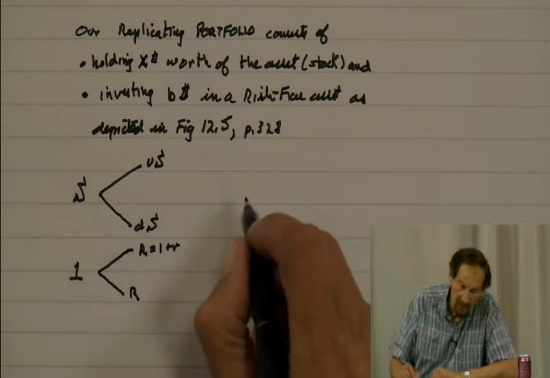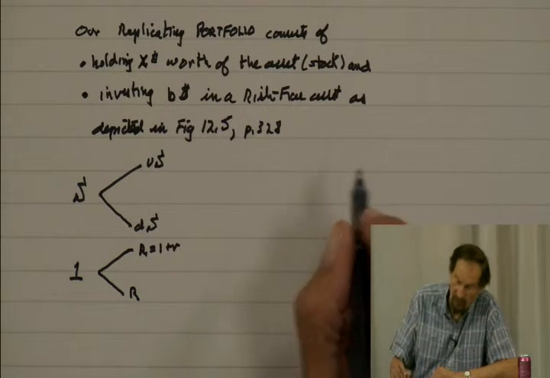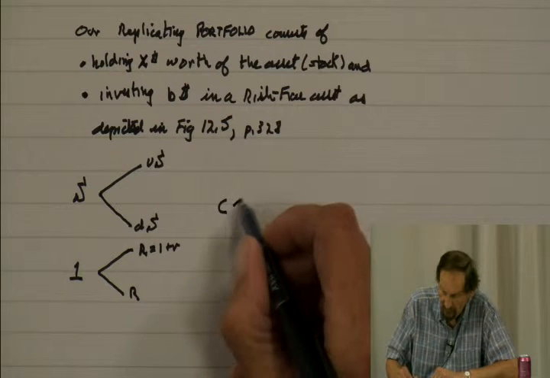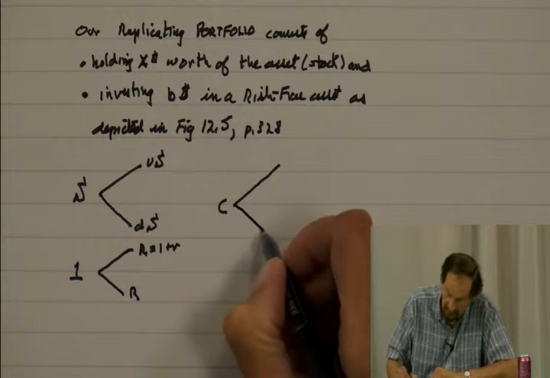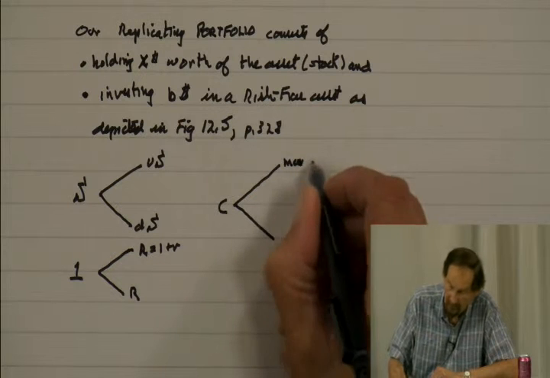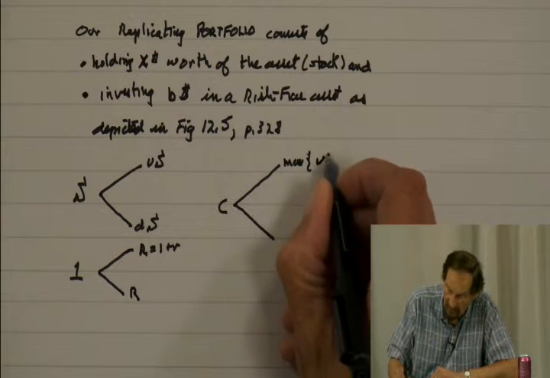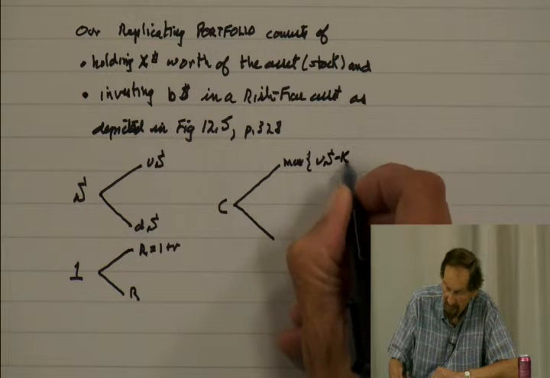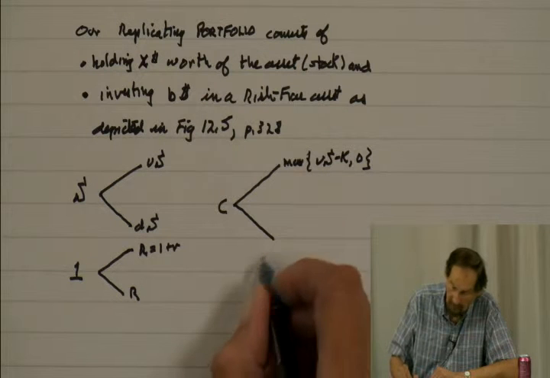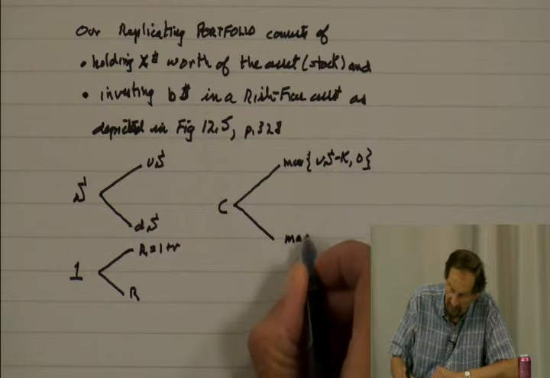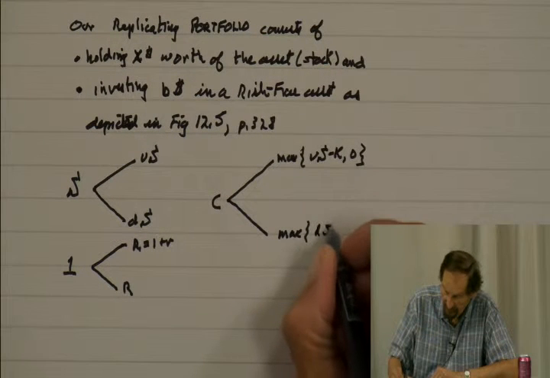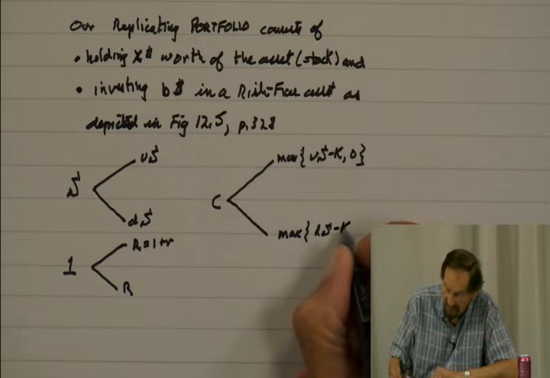Okay, and let's look at our call option. Our call option can do two things. It can go up to the maximum of US minus K, and 0. This is the value of the call option. Or it can go down to the max of DS minus K and 0.